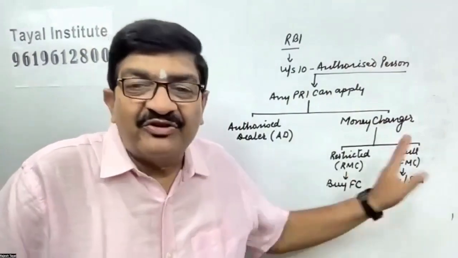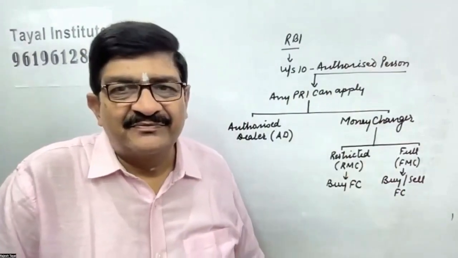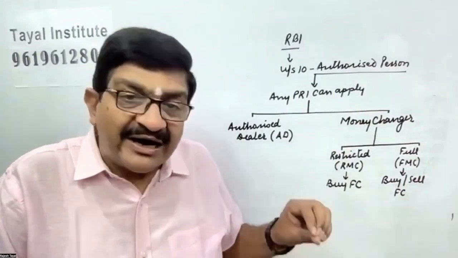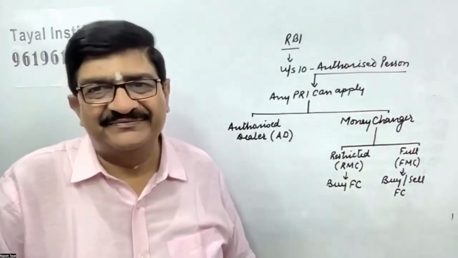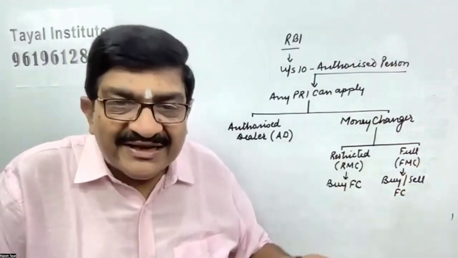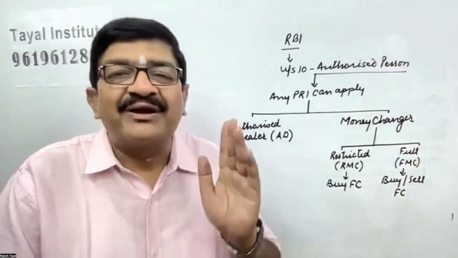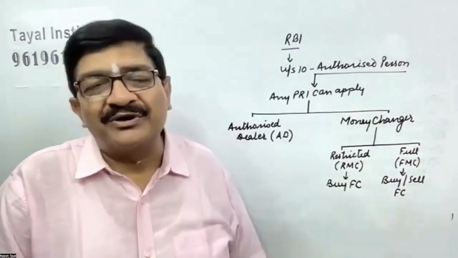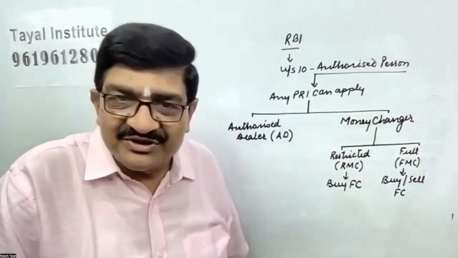So why are they called money changers? They deal only in hard cash, nothing else. These people cannot accept a check drawn in foreign currency. They cannot accept dollars, or rather, traveler's checks.